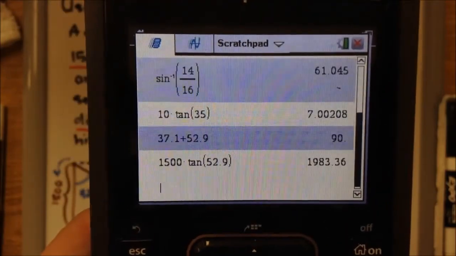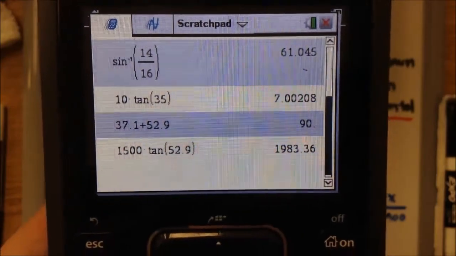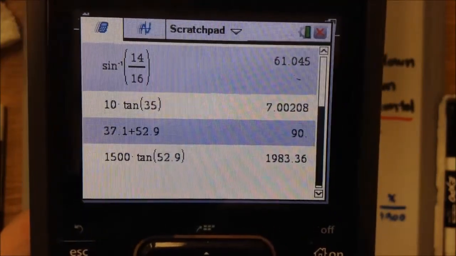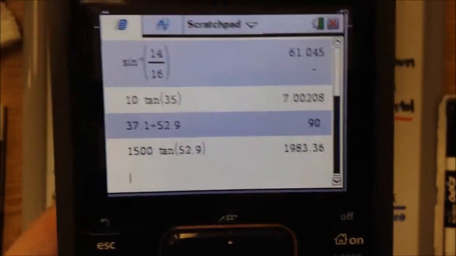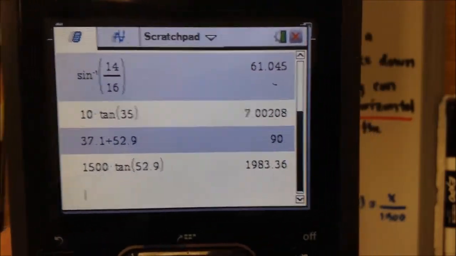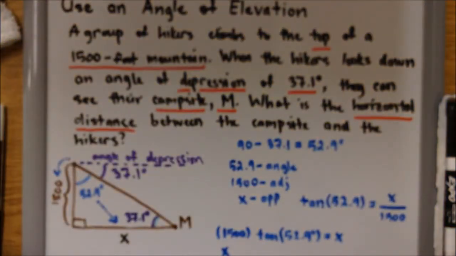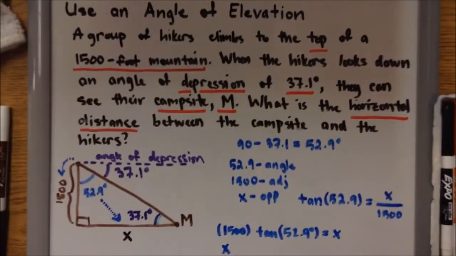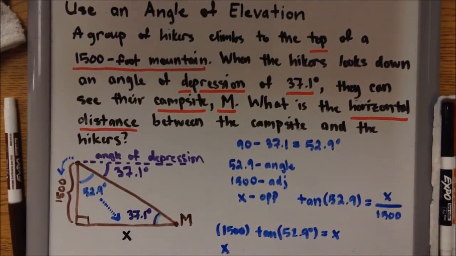Hit Control Enter. I get 1,983.36. So I'm going to write that down. So x is approximately 1,983.